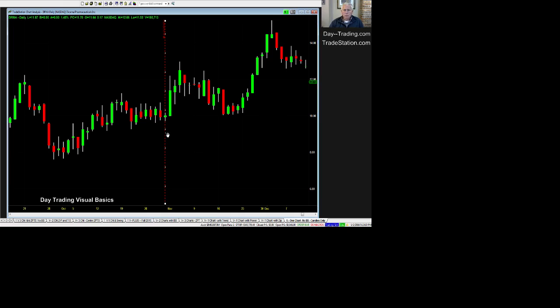When you look at the different forces, you have to look at the highs and lows of the previous candles, but the most important thing is the open and close, or the body of the candle. And so that tells you a whole lot about the market pressure of that day.